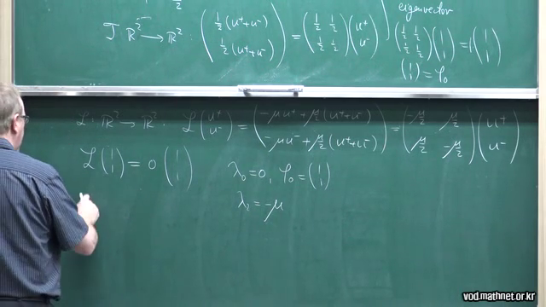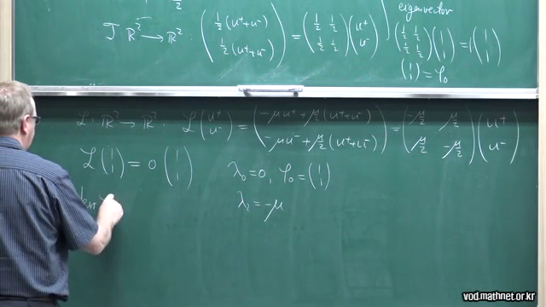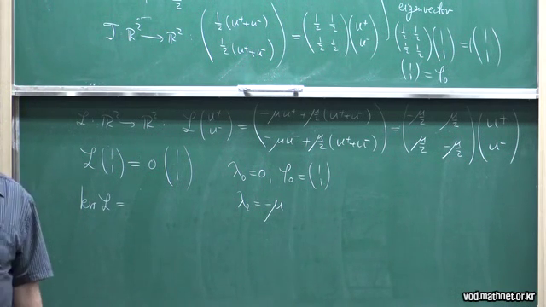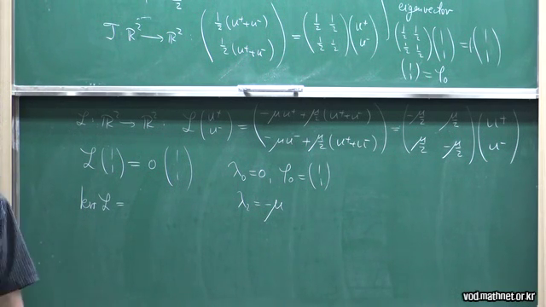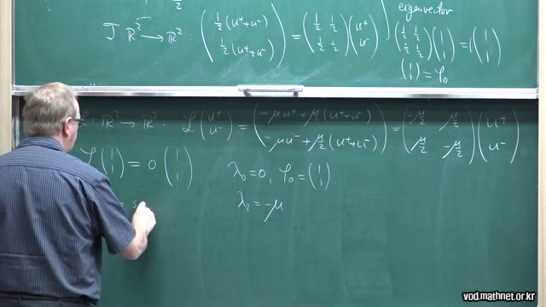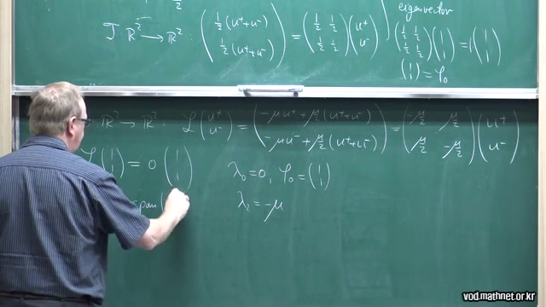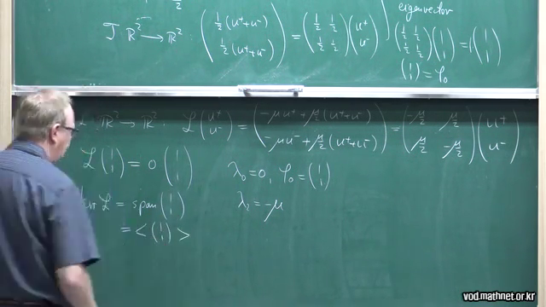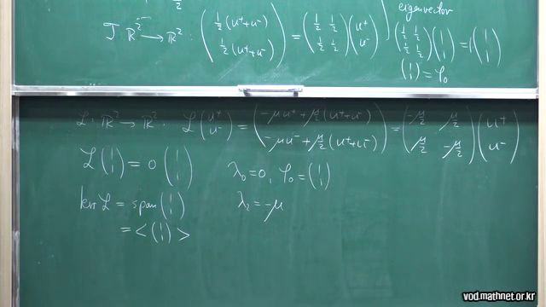I need the kernel of L. So it is the null space of L, the vector space which is mapped to 0. And so the kernel is the span of (1, 1), or I write it like this as well, the vector space spanned by this vector (1, 1).